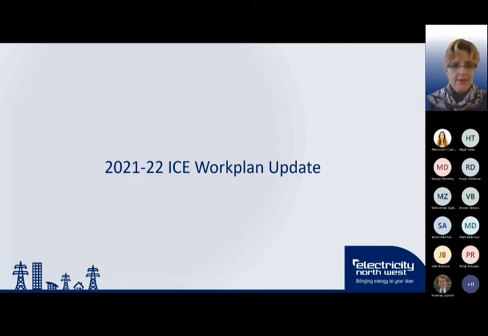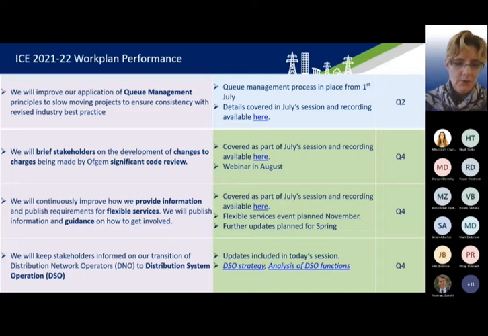Okay. So for those of you who aren't familiar with our ICE work plans, each year we work with our stakeholders to agree a list of commitments to deliver within the year. And here I'll just give you a bit of an update on how we're progressing with this year's commitments.